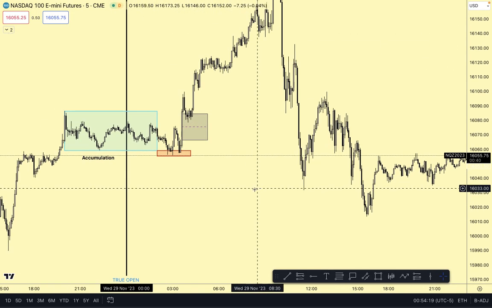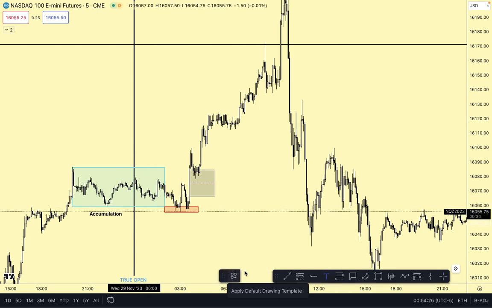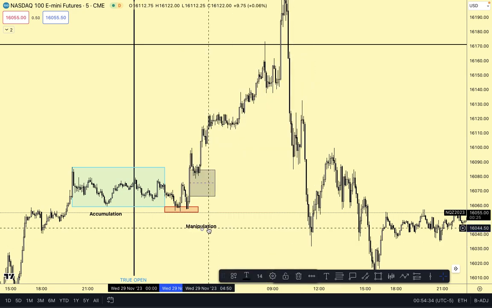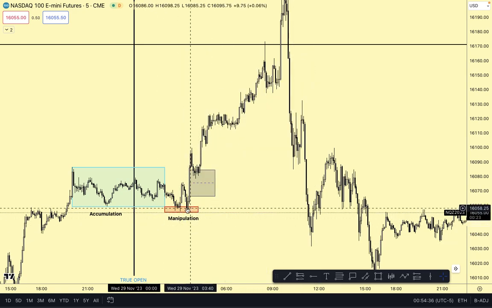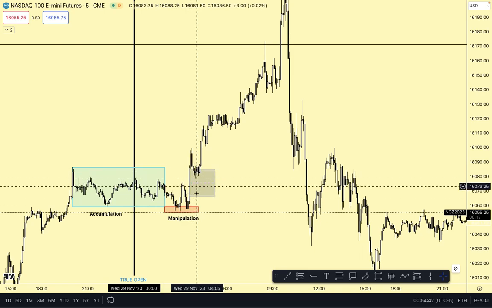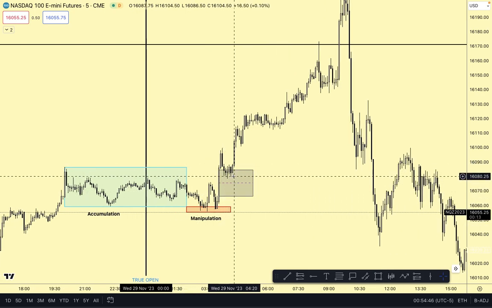So 5 minute, here we are, accumulation, manipulation over there. Why manipulation? Because we're taking out these stops there, shoot up, come back into this 5 minute fair value gap, accumulate some more.